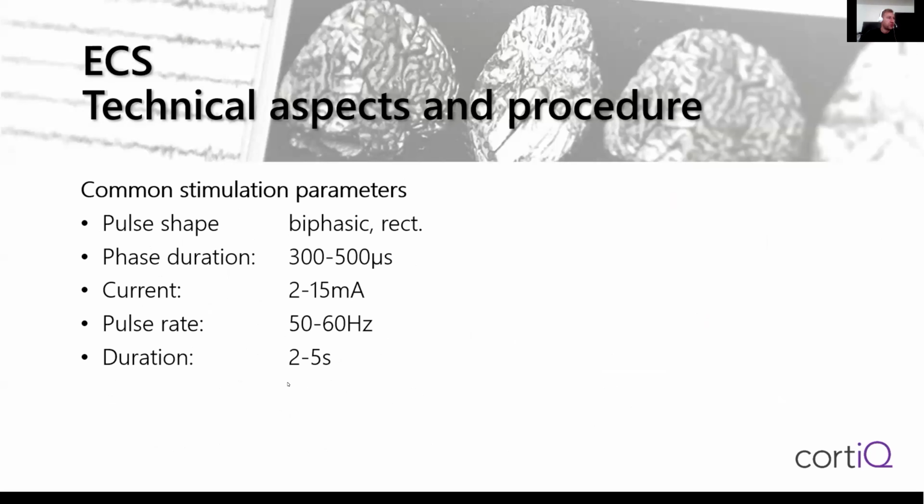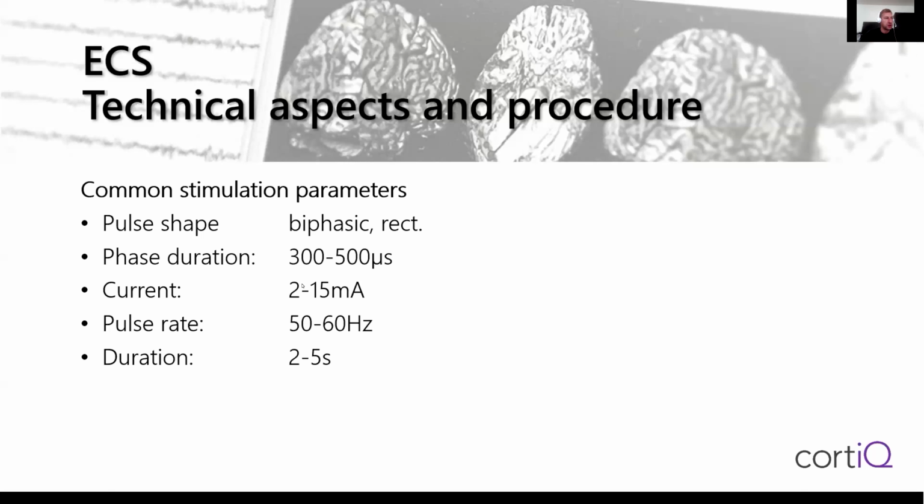So what do we have to do in terms of the stimulation parameters? The default way to stimulate is a biphasic pulse with a rectangular shape. Biphasic means that you're starting, for example, with a positive phase where you set a constant current of 2 to 50 milliamperes.